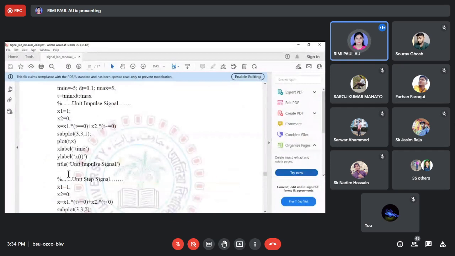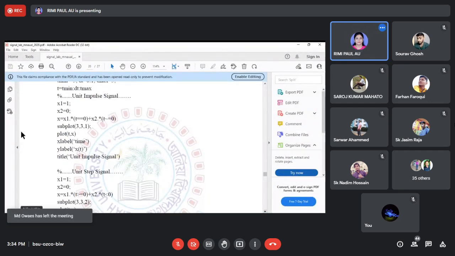Just copy it and check the output. Whatever problem or error you get while writing the program, you have to solve. If you cannot solve it, I'm there to help you. So don't worry, but you have to just copy whatever is written.